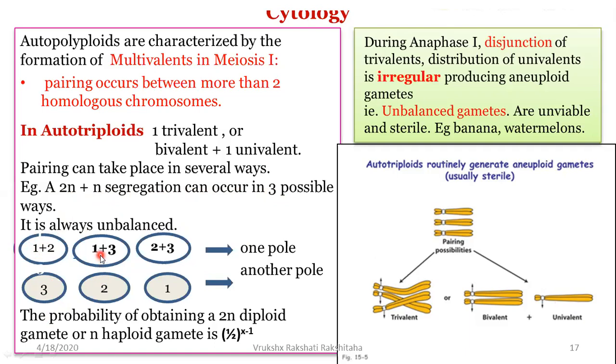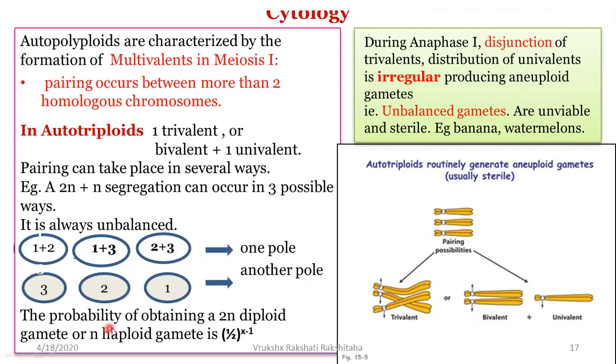Or the other possibility is that the first chromosome and the third chromosome may move to one pole and the second chromosome may move to the other pole. Or the other possibility is that the second chromosome and the third chromosome may move towards one pole, whereas the first chromosome may move towards the other pole. So you can see there is a large variety of possibilities.